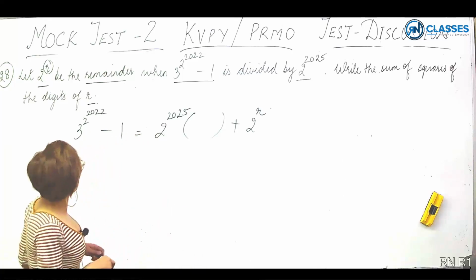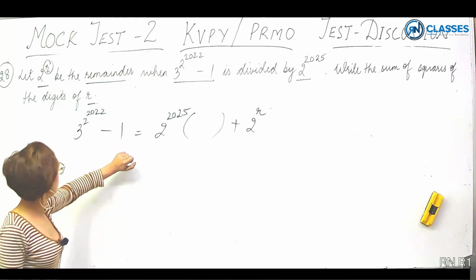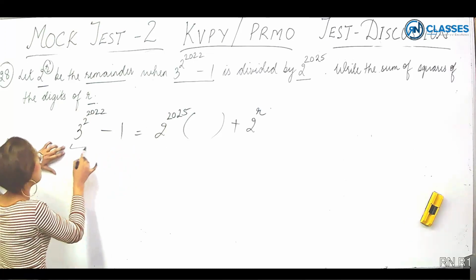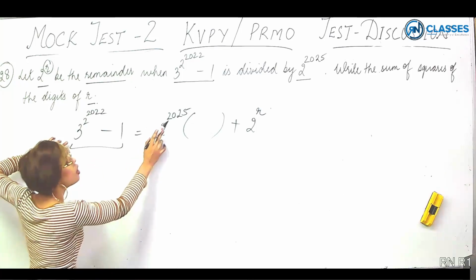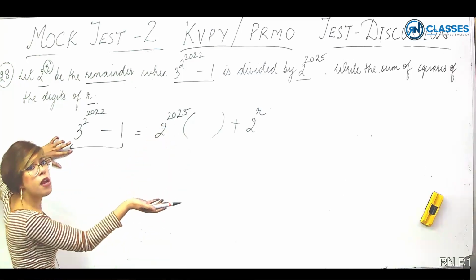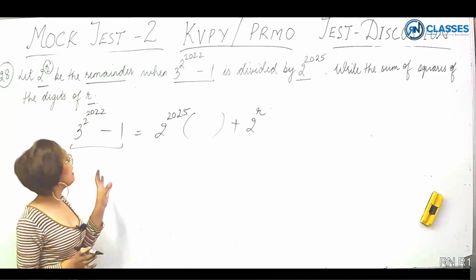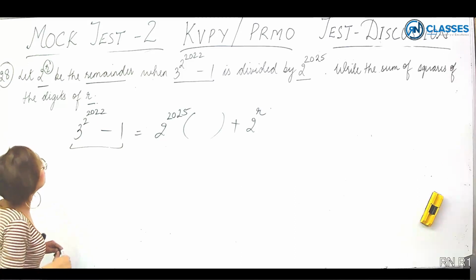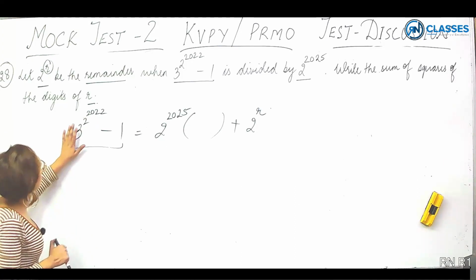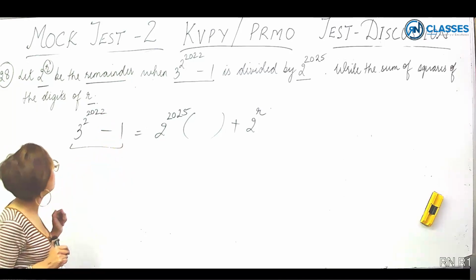Now, if I want to find this, I need to find the remainder. That means out of this, if I can find out how many 2 raised to 25 are there, probably the remaining part I can see, that is the remainder. So, basically, I need to see how many 2's are present in this. This is a very weird number, but 3 raised to something, which is even, by the way, minus 1.